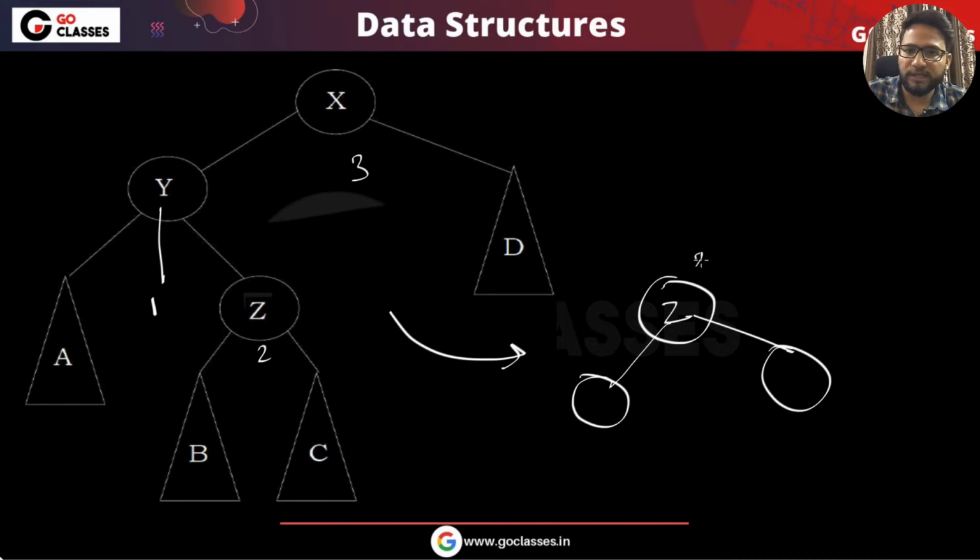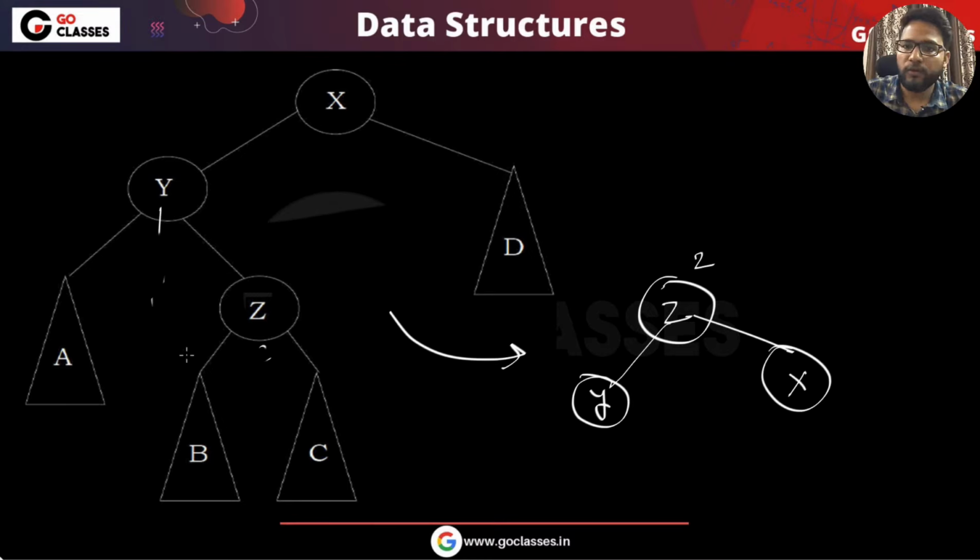If z is 2, then 1 will be on the left, which means y will be on the left and x will be on the right, right? That is how you can easily figure out whether y or x will be on the left. I'm putting values like 1, 2, 3 because I know that the in order is sorted. That's why I'm going with the projection: y will come first, then z and then x. So that's why I'm taking the sorted values.